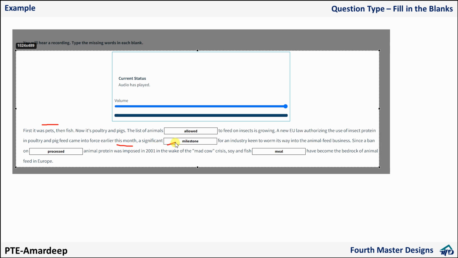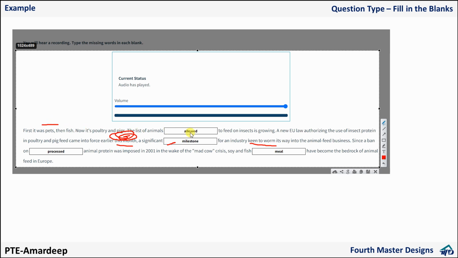And second thing, sometimes 2 blanks are very close. Let's say 1 blank is here and the second is here. By the time you are done writing this blank, the speaker would have discussed maybe these words, or maybe he may be done with the sentence. So if 2 blanks are close, be very careful. If the first blank is at the very start, also be very careful. These 2 are the tips.